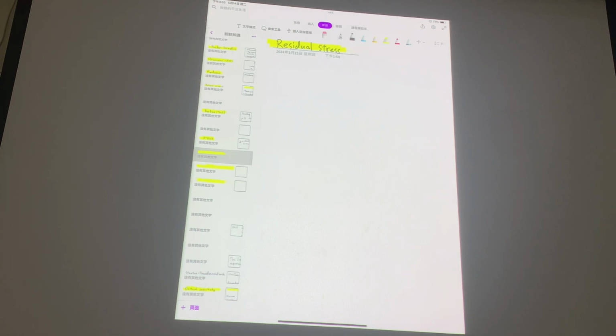So residual stresses, 残留应力. How do we get residual stresses? First is through plastic deformation, right? There's actually only three ways you can get residual stresses.